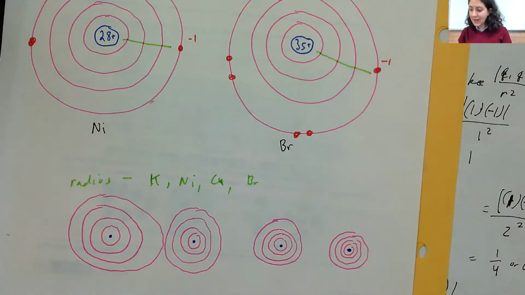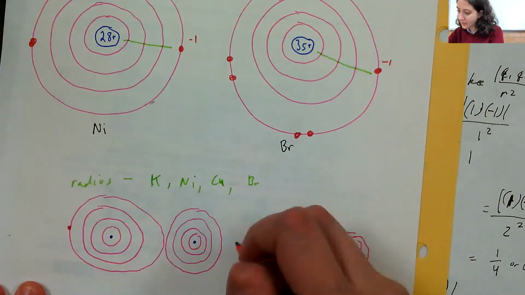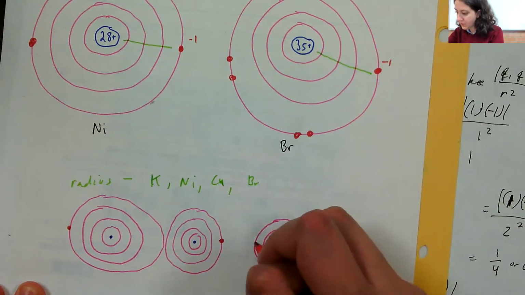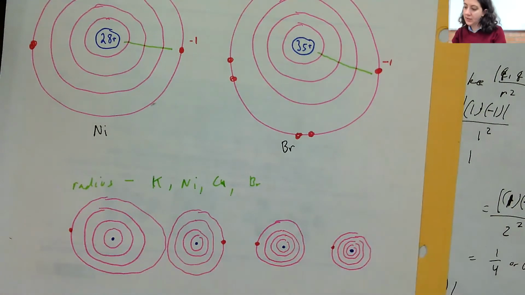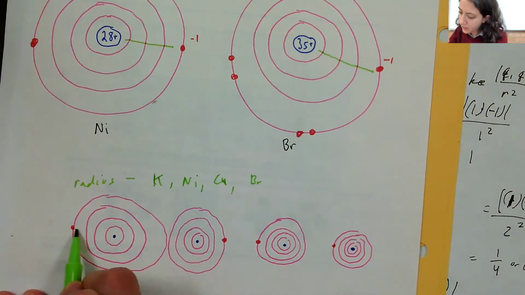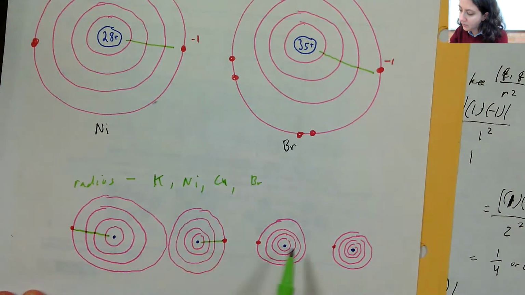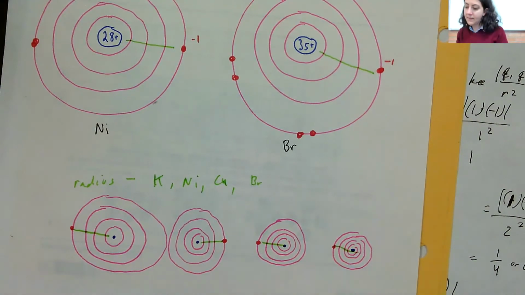So the actual radii, and again, it's because of individual electrons and how much they're being drawn inwards. Okay. So potassium is going to have the largest radius, and bromine is going to have the smallest, and nickel and copper in between.